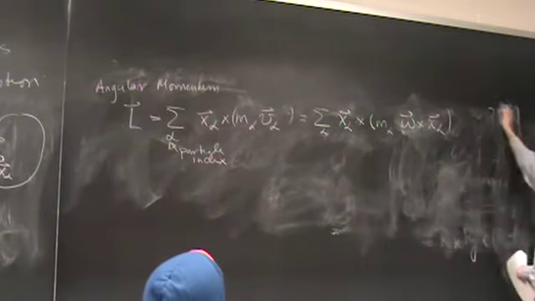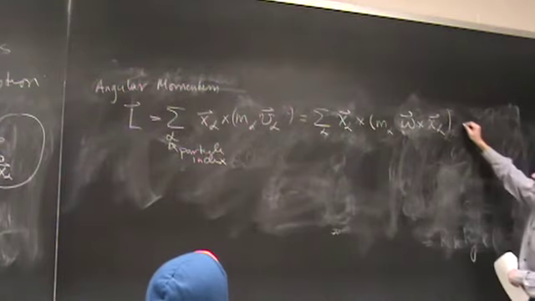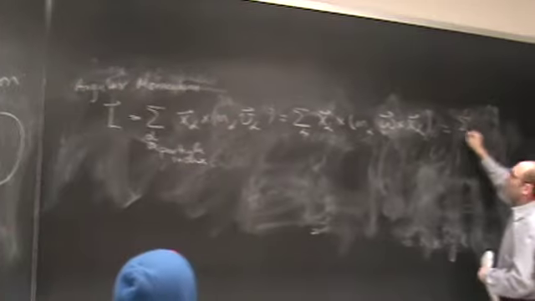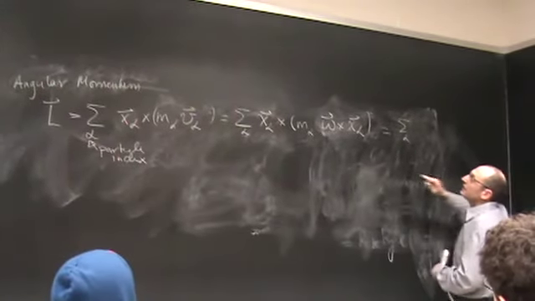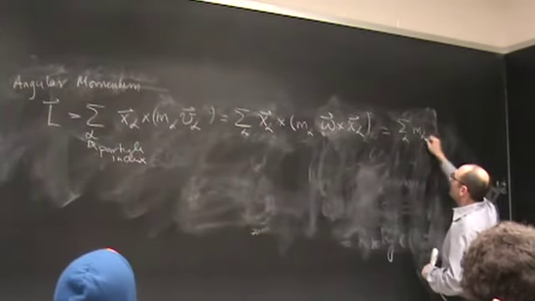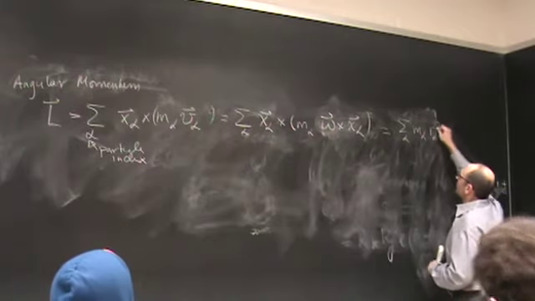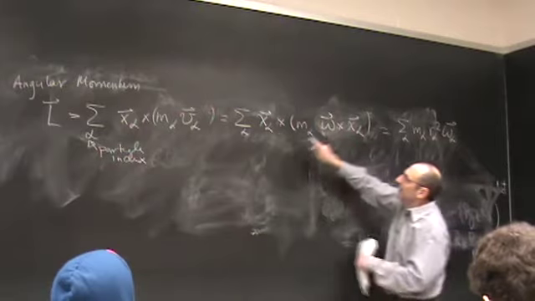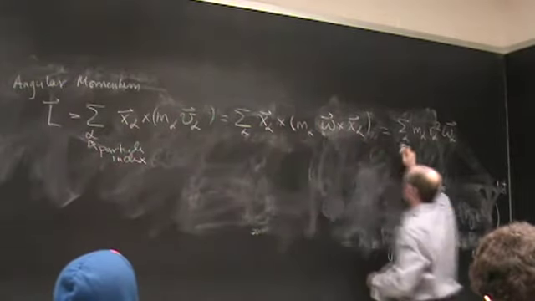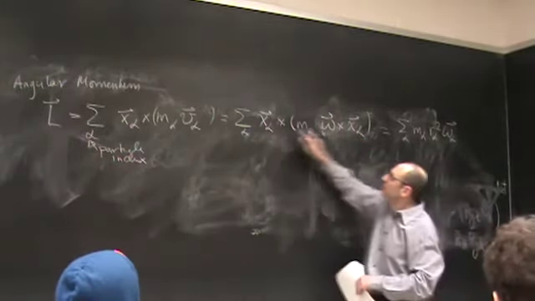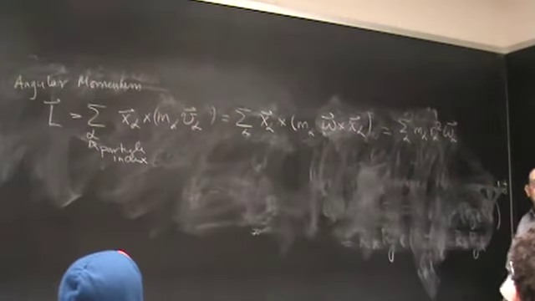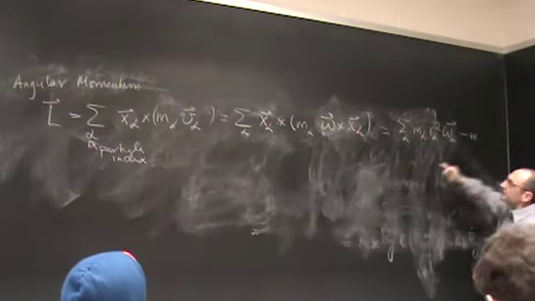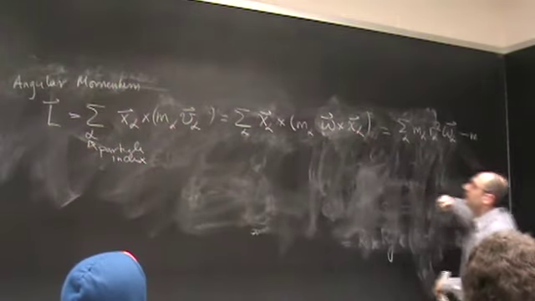Okay, and we just did our famous BAC minus CAB rule. So this is equal to the sum over alpha of m alpha, r alpha squared times omega. That's B A dot C, where r alpha is the dot product between these two, minus C A B, so C is x alpha.